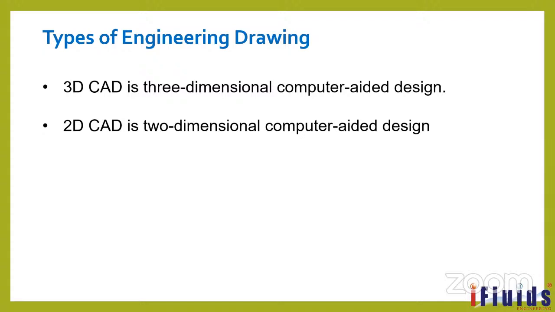There are two major types of engineering drawings. First is 2D, and next is 3D. As you know very well, 2D is 2-dimensional computer-aided design, and 3D CAD is 3-dimensional computer-aided design.